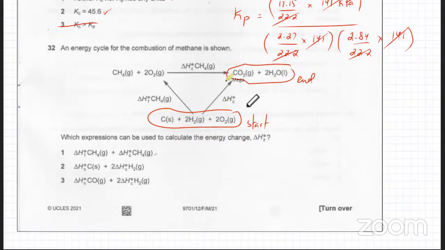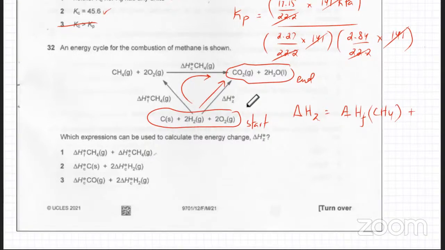So one path is this direct path, which is delta Hz. The indirect path is you go from the other side. So delta Hz is equal to delta HF of CH4 plus delta HC of CH4.